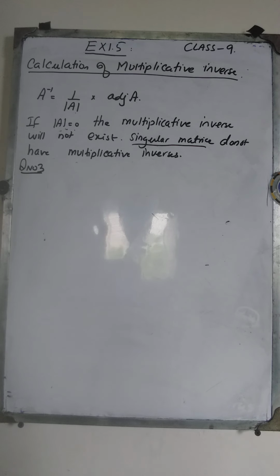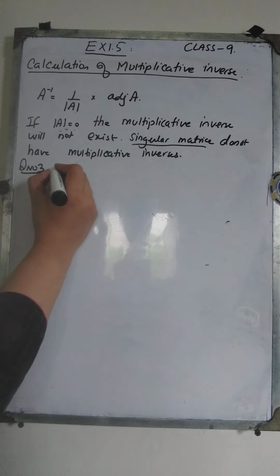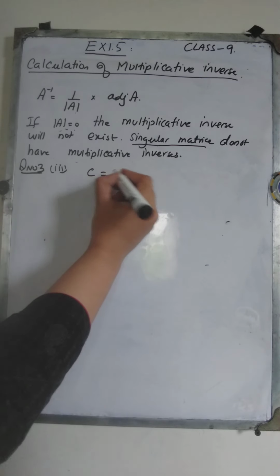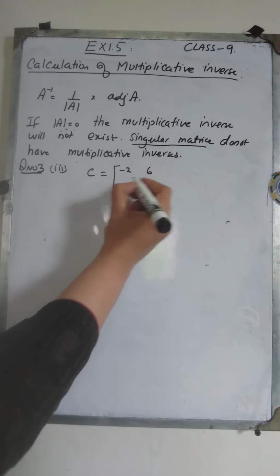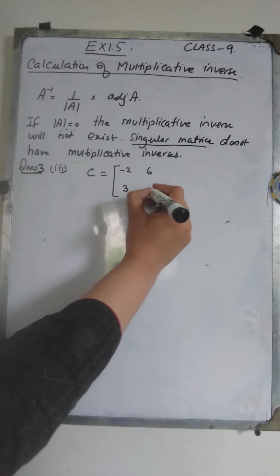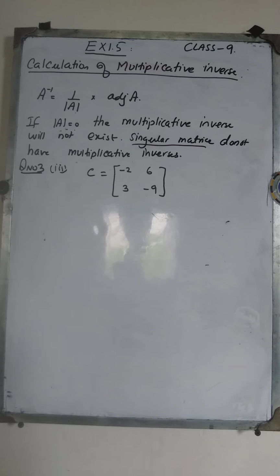Now consider part 3 of question number 3. The third part is to find the multiplicative inverse of the matrix C: negative 2, 6, 3 and negative 9.